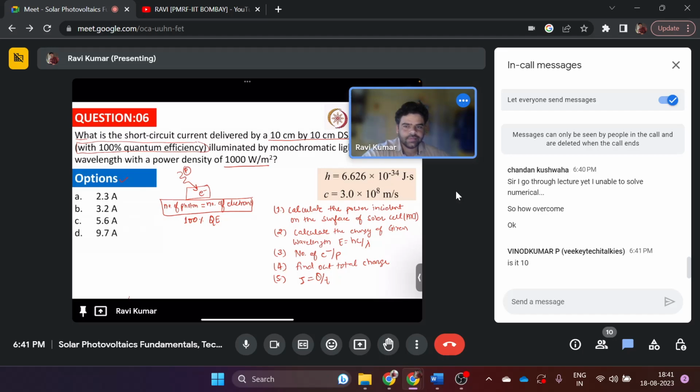Is it 10? Yes, it is 10 watt. It is just 1000 into the area of the solar cell, and the area is 10 centimeter into 10 centimeter. If you calculate, it will come to 10 watt. So this is the first step. Second step is very simple, hc by lambda.